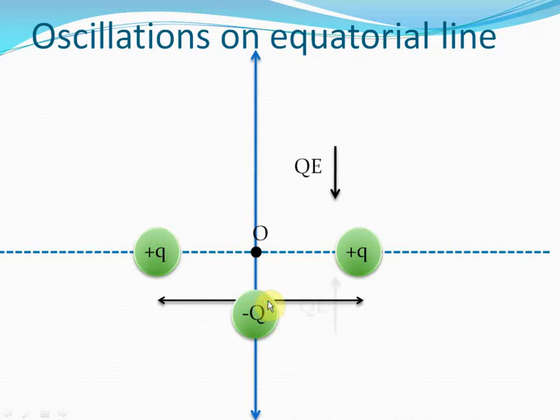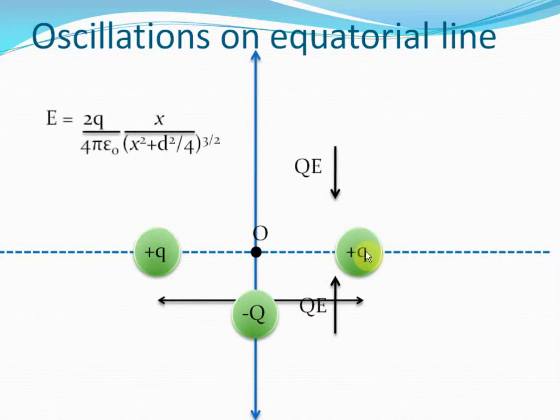This is because the two positive charges obviously attract the negative charge, isn't it? The electric field, as I just told you, is still only along the y-axis on the equator of the two positive charge system. So the net force on the minus Q charge acts upwards, and again the minus Q charge gets pulled back upwards.